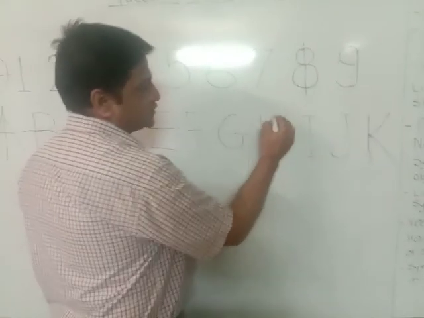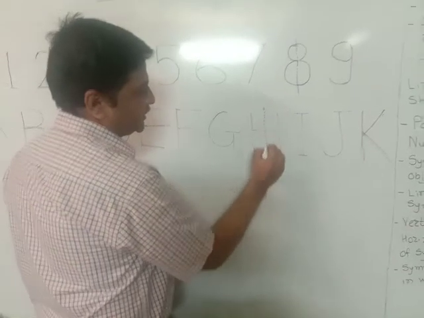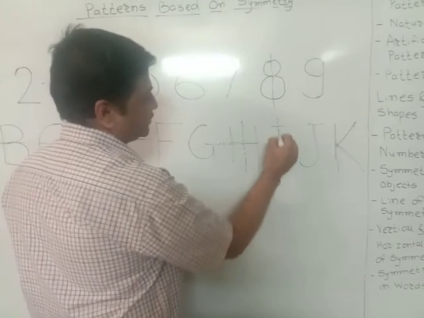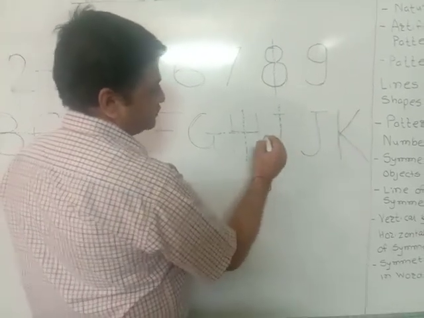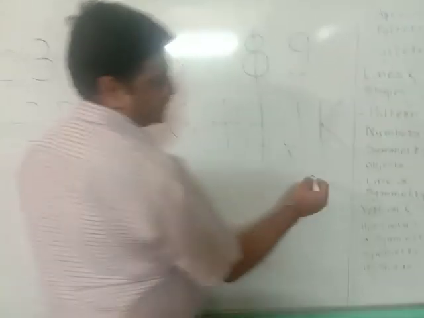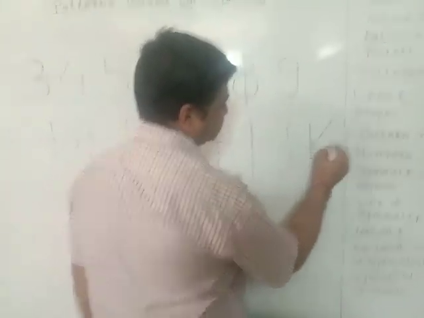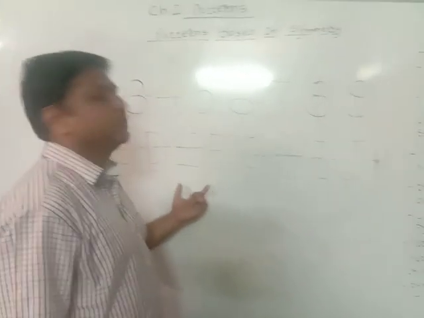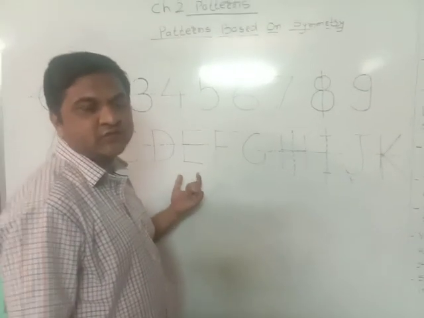H is symmetric about vertical as well as horizontal line of symmetry. I is symmetric about both the axes of symmetry. J is not symmetric. K is symmetric about the horizontal line of symmetry. Now you will find the symmetry of the remaining letters of the English alphabet.